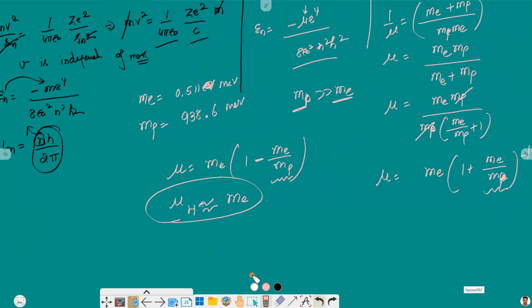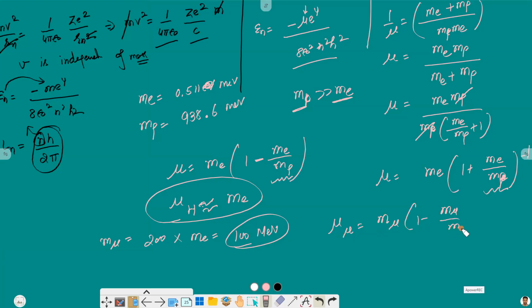Now coming to this muonic atom. The mass of muon is 200 times the mass of electron, and the mass of electron is basically half MeV, so the mass of muon is 100 MeV. If we again compare for the muonic atom, the formula will be mass of muon into 1 minus mass of muon by mass of proton, so mass of muon into 1 minus 1 by 10, something like this.